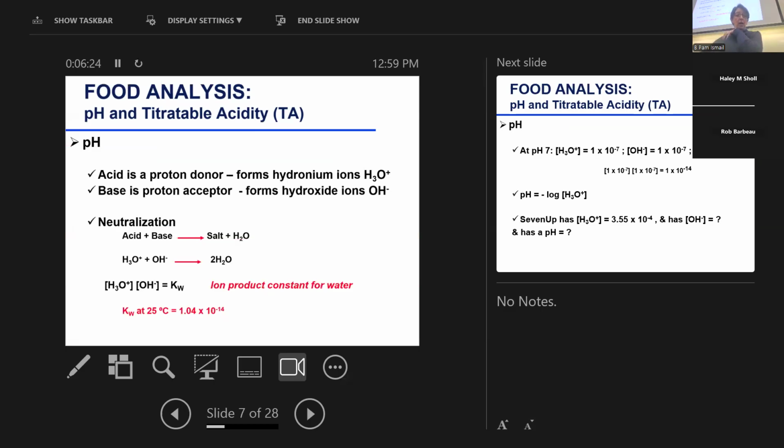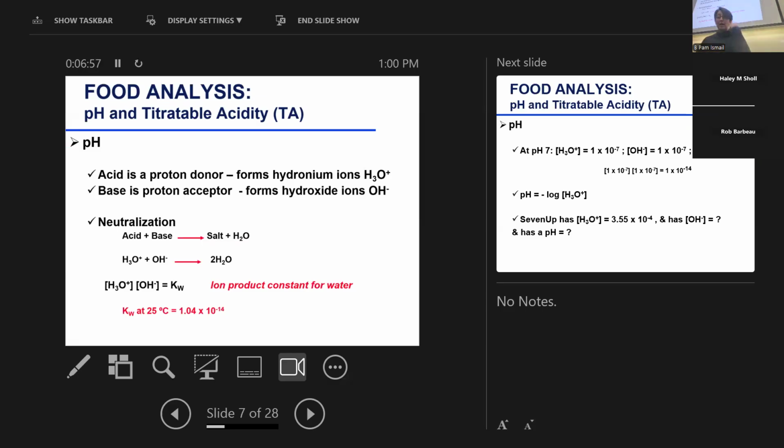All right. I want you to pull up a piece of paper for extra credit. We're going to do some solving of equations. But before we get started, as a reminder, we all know from our basic chemistry that acid is a proton donor. So in aqueous solution, acid forms hydronium ions. H3O plus is the hydronium ion.